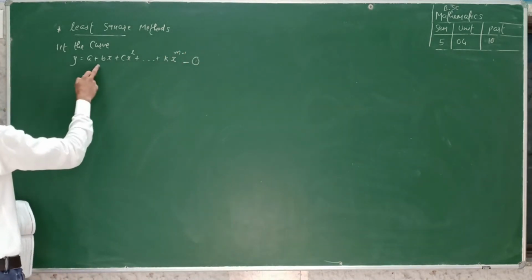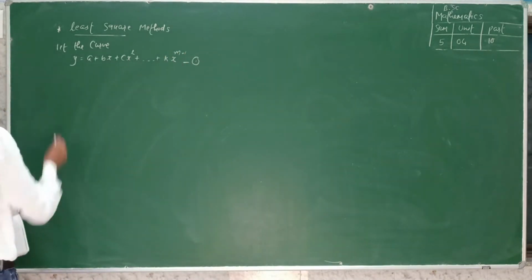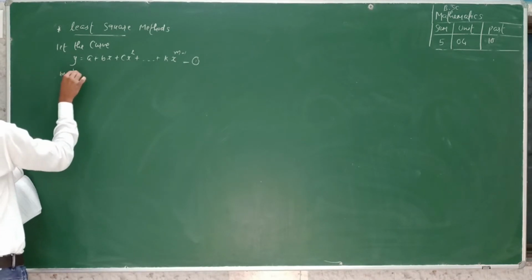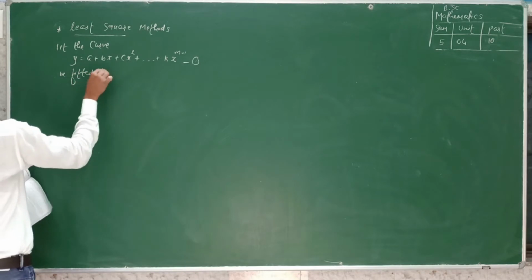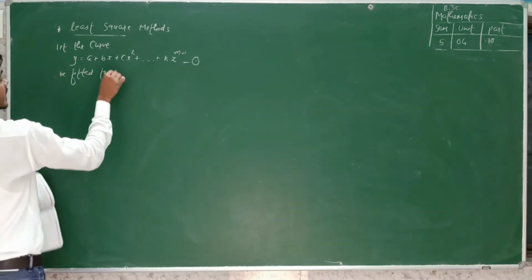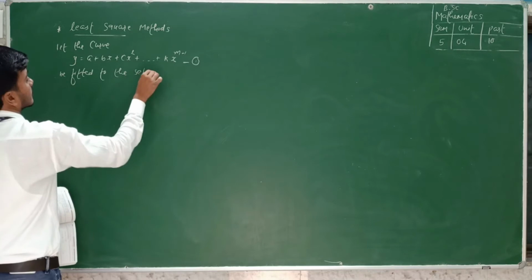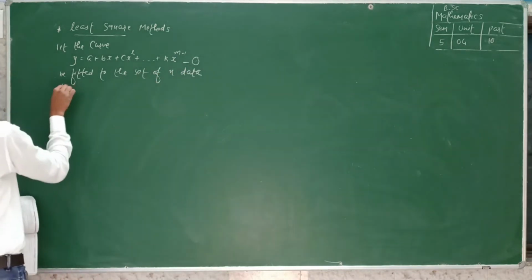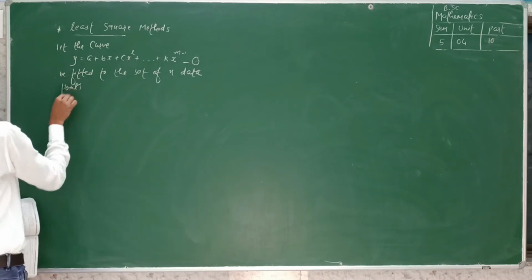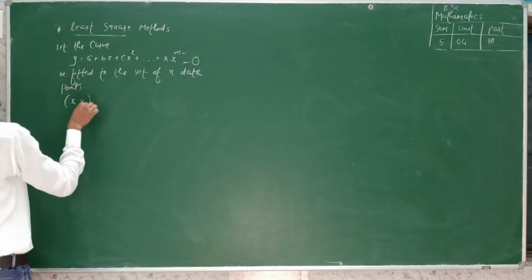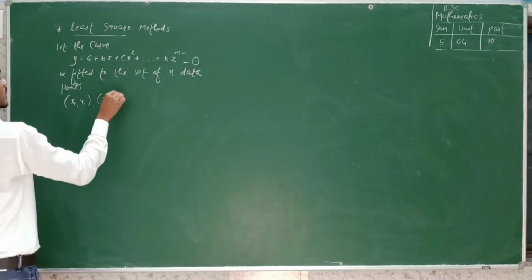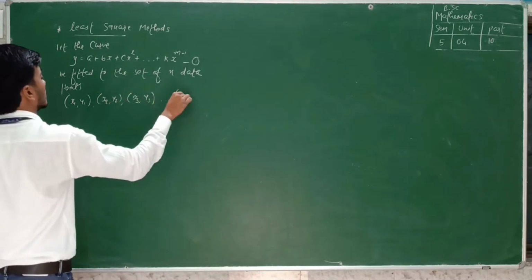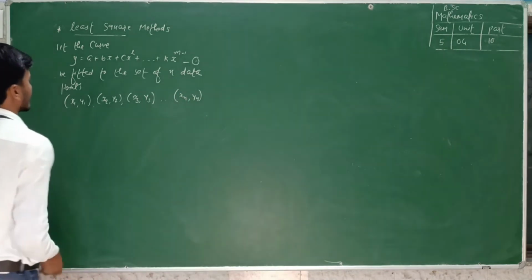This is the given polynomial curve to be fitted to a set of n data points: x1, y1, x2, y2, x3, y3 up to xn, yn.